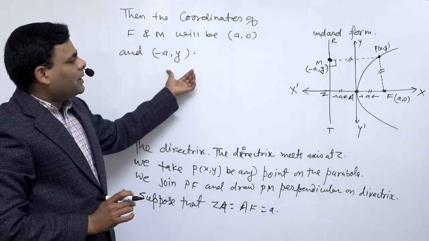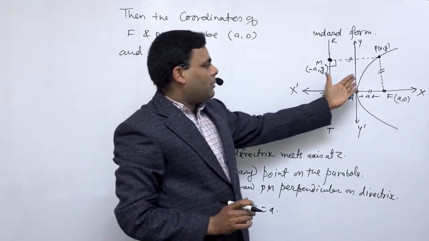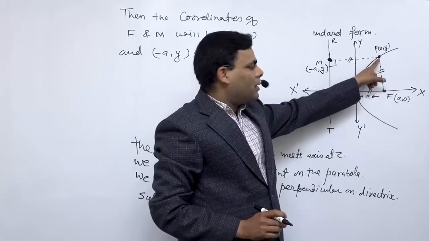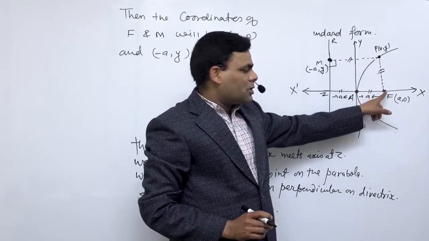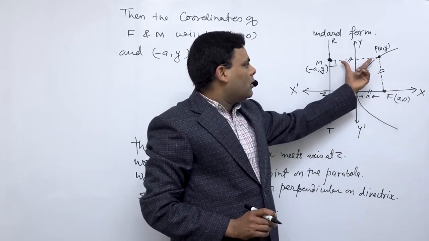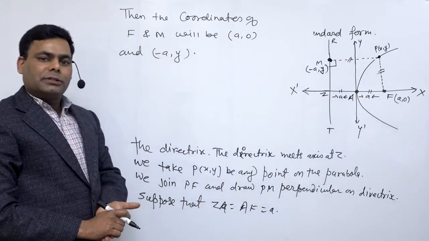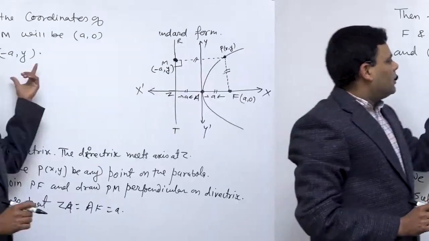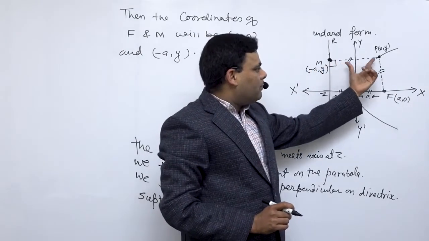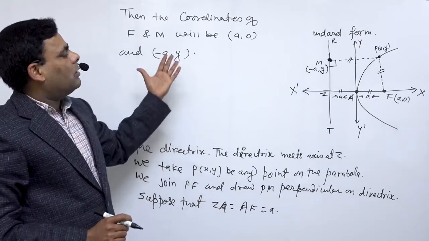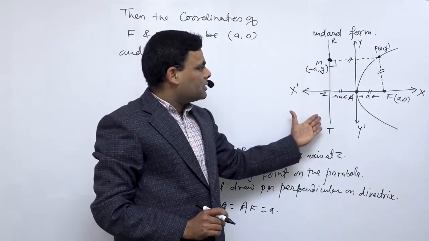Now what we have to find: we know that by definition of the parabola we have PF equals PM. According to the definition of parabola, the distance from any point on the curve to its focus always equals the distance from the point to the fixed straight line, the directrix. So by definition of parabola we have PF equals PM. But before writing that, we have to find the equation of the directrix RT.